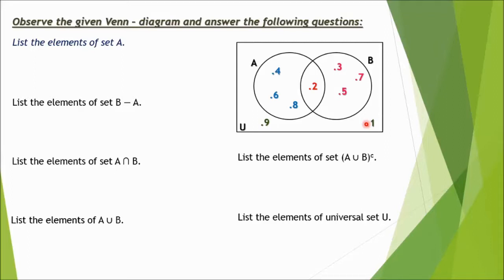So the first answer is inside the ring A, that is 2, 4, 6, 8, each and every element inside the ring of A. B difference A is 3, 5, 7. Intersection is 2. And union is all these elements from here and here.